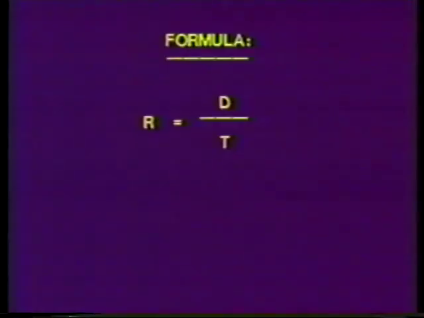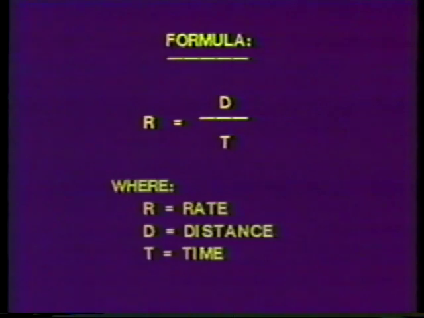Time and distance problems and fuel consumption problems involve a fundamental relationship between rate or speed and the time required to fly a specific distance at that speed. The relationship is expressed by this formula: R equals D over T. R is the rate of fuel consumption, or the rate or speed of the aircraft.